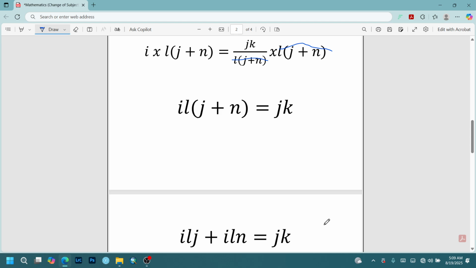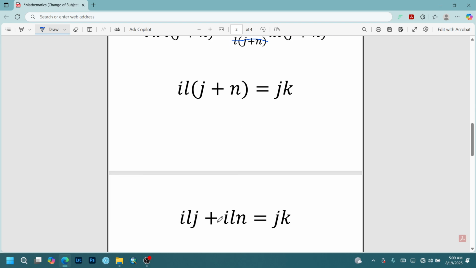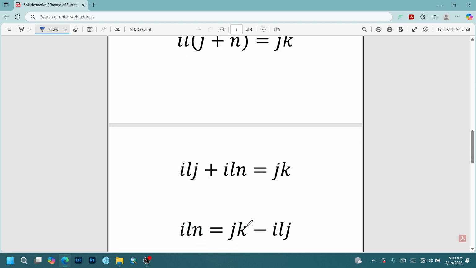Okay. So we do some expansion. IL multiplying J will give us ILJ. IL multiplying positive N will give us positive ILN, right? Which is equal to JK, right?